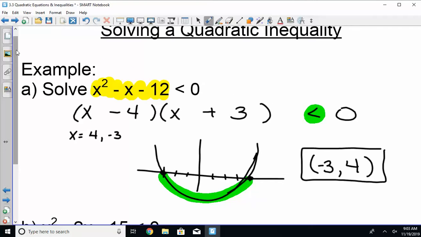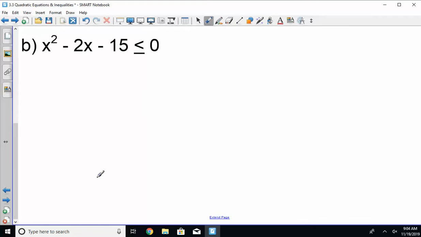Let's look at this one. So first step, start with our box method.